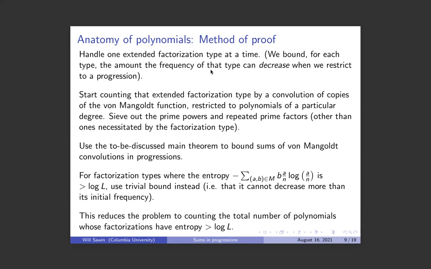And then I'm going to use some kind of main theorem, which for now I want to be a black box, but it's proven by some kind of geometric method, to bound sums of the von Mangoldt convolutions in progressions. And that theorem will give me a bound with a main term, which is the sum over everything prime to g, and an error term.